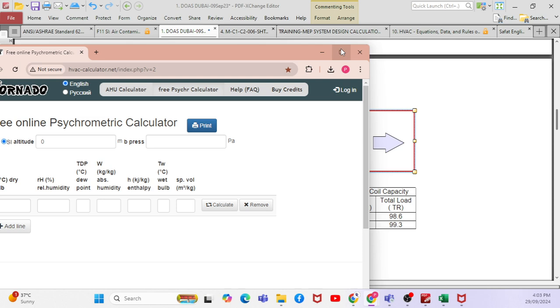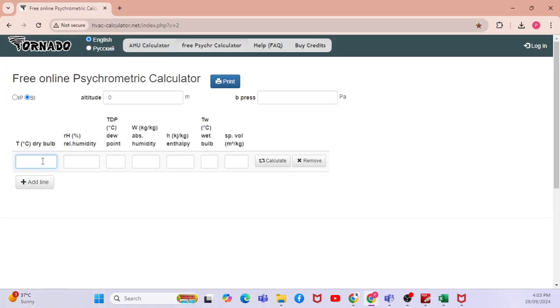You can enter the values here, 34 and 32 wet bulb temperature. You can calculate all other conditions like relative humidity, dew point temperature, humidity ratio, enthalpy, specific volume. Everything you can calculate, right?